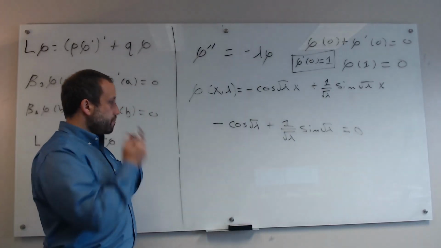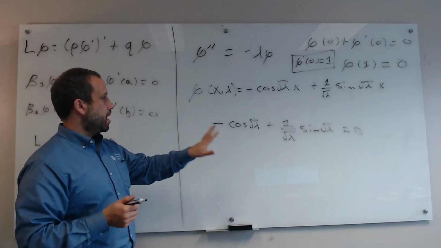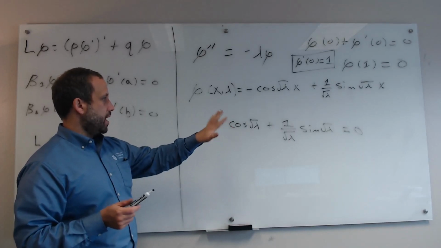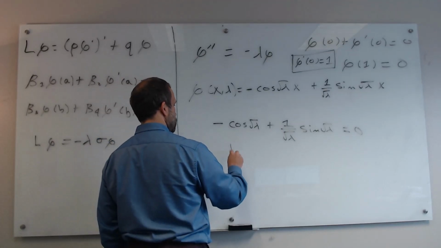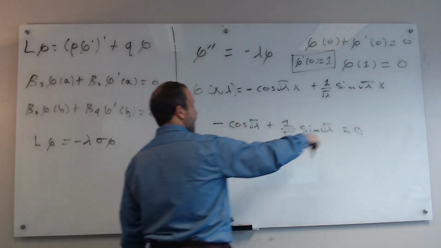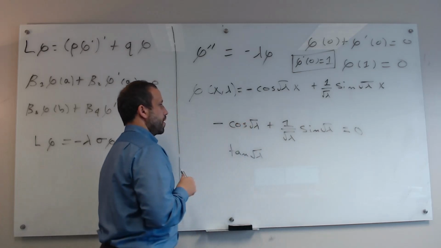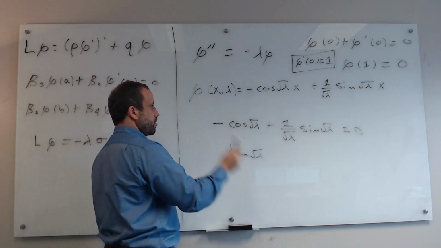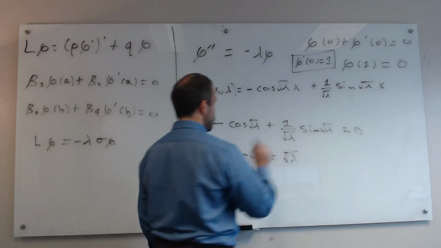And if we move things around, if I move the cosine over there and then divide, what we're going to get is tangent square root of lambda. If I add that over there, multiply by the square root of lambda, divide by cosine square root of lambda, I'm going to get tangent square root of lambda is equal to the square root of lambda.